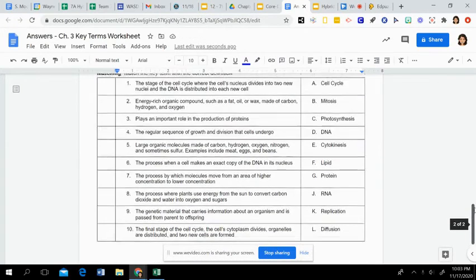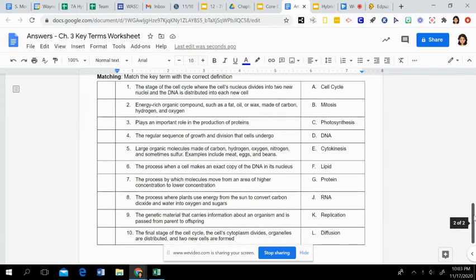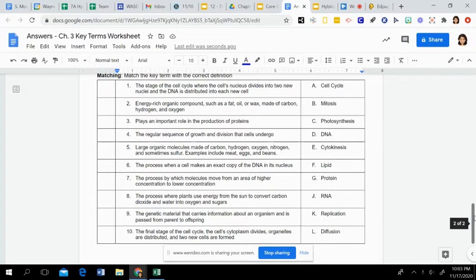And so for the remaining 10 key terms, you are looking at the definition and then matching it with the key term that is listed. So for the first one, the stage of the cell cycle where the cell's nucleus divides into two new nuclei and the DNA is distributed into each new cell, is called mitosis.